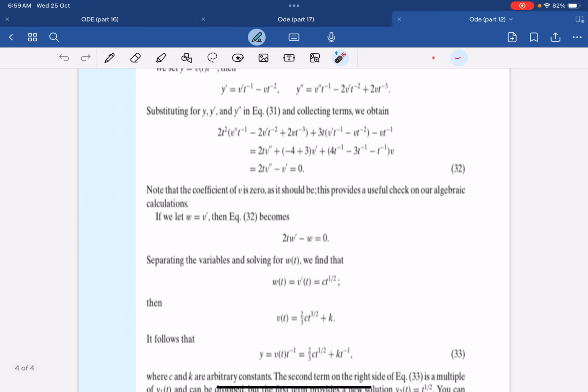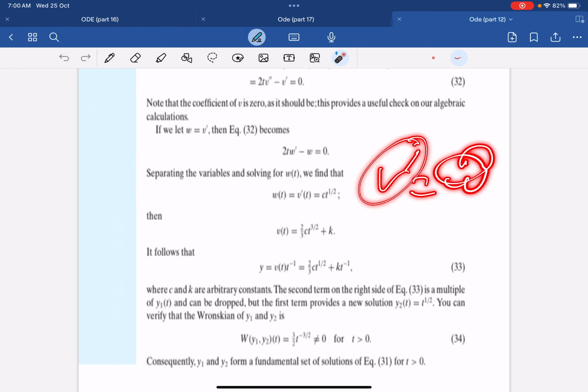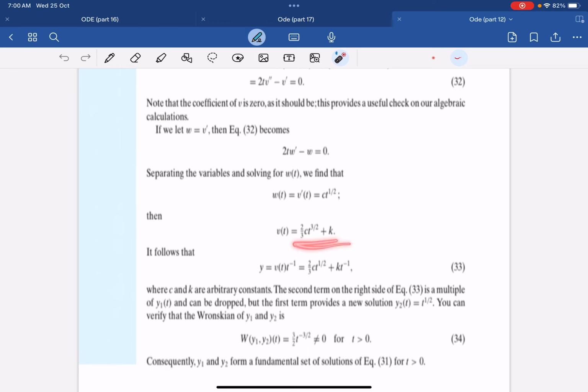It will be reduced to this first order ODE. We solve for w easily, which is c t^(1/2). Then we know that v prime equals w, so we just need to integrate to get v, so this is the answer.